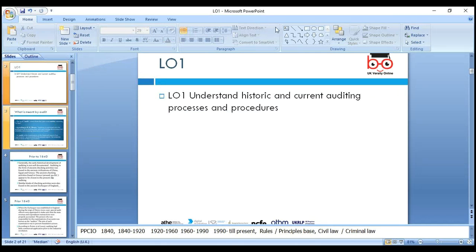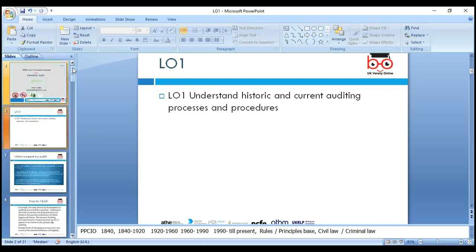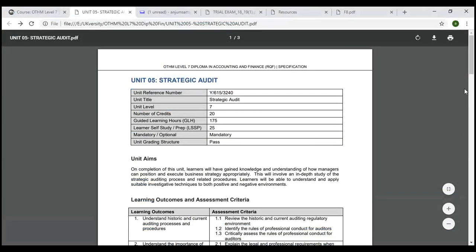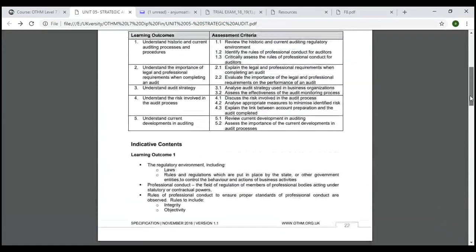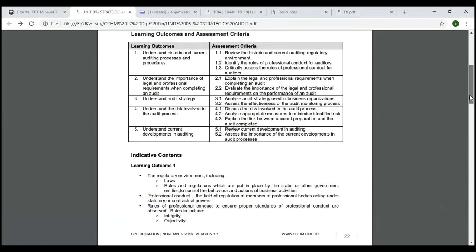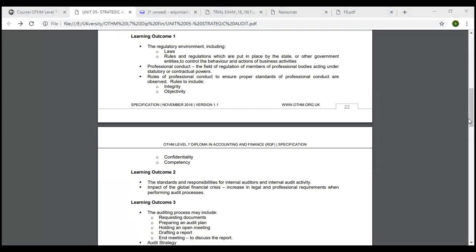All right, sir. So in today's lesson, guys, we learned about these and we covered LO1. In the next lesson, we'll focus on LO2. If you want to look at the induction contents before, you can, and then we'll go through. Our focus will be LO2: understand the importance of legal and professional requirements in completing an audit.